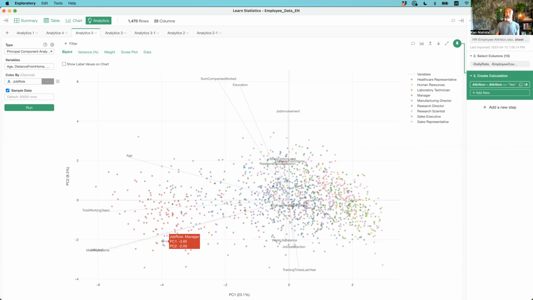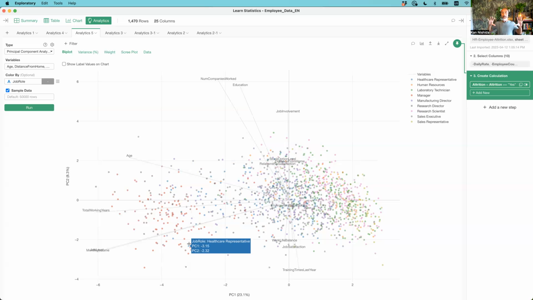But not just monthly income, we are also looking at total working years, even the age, where these people are located. Isn't this amazing? Because we are talking about 17 variables and 1,470 people, and that relationship, we just put into this two-dimensional X and Y space. And this is what we are looking at.